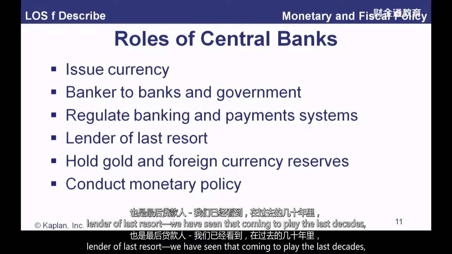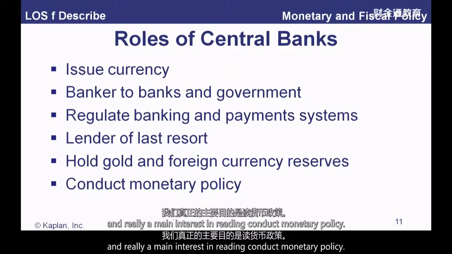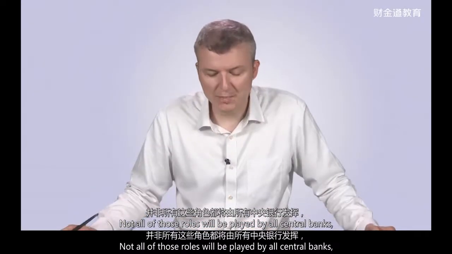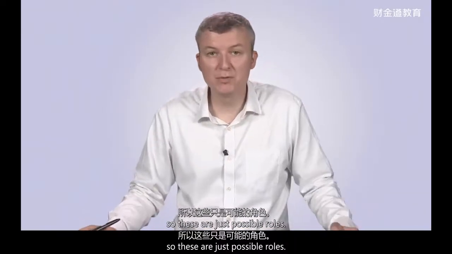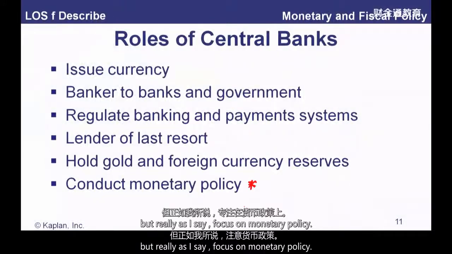We've seen that come into play in the last decade. Hold gold reserves, foreign currency reserves, and really our main interest in this reading, conduct monetary policy. Not all of those roles will be played by all central banks. So these are just possible roles. We need to be able to tell that to the examiner. But really, as I say, we'll focus on monetary policy.